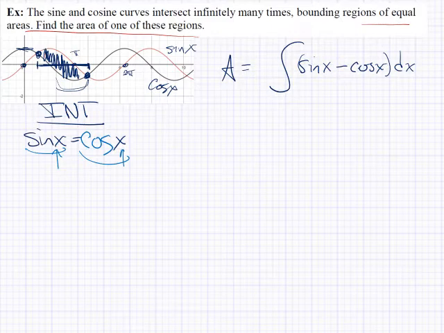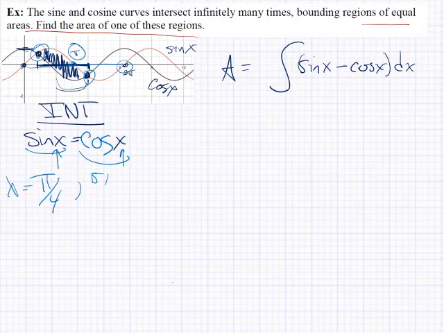But if this is, say, pi right here, this one would be between 0 and pi, and this one right here would be between 0 and 2 pi. And so you could come up with the fact that x would be pi over 4, and x would be 5 pi over 4, if you know your unit circle.